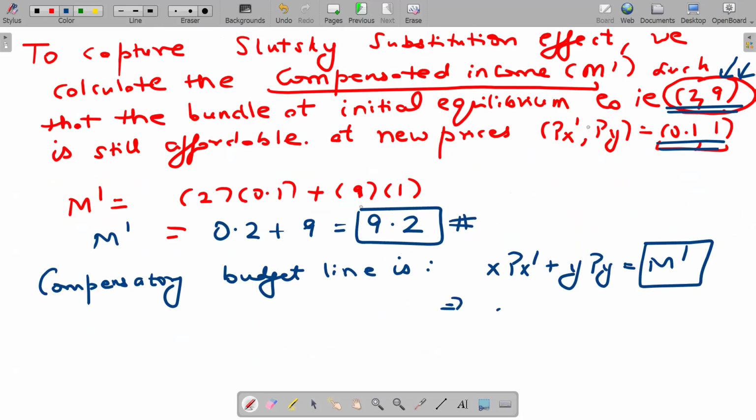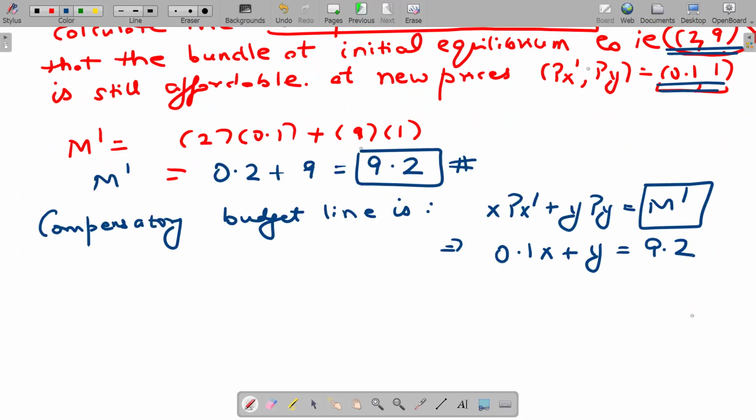Now Px dash was 0.1, Py is just 1. So y into Py is just y, and M dash is 9.2. Now, what is the slope? The slope is minus Px dash over Py, which is negative 0.1.